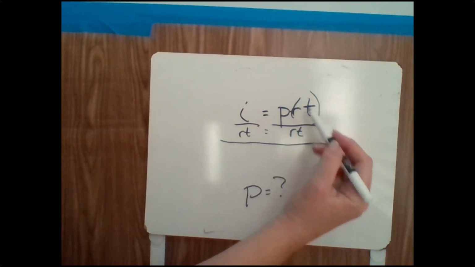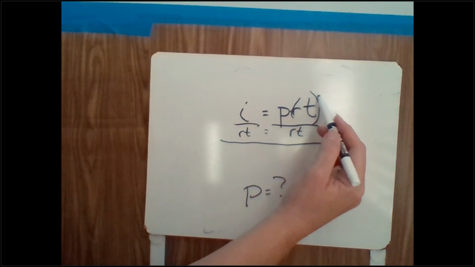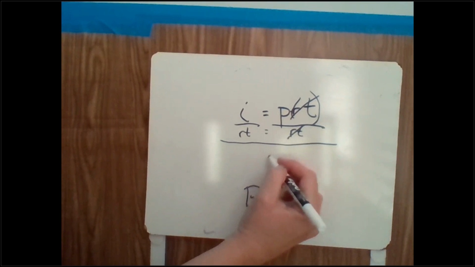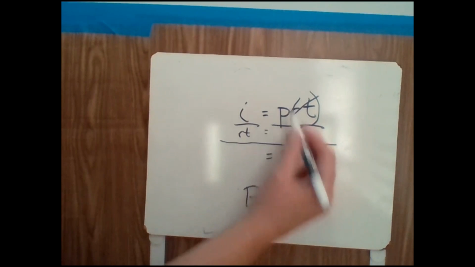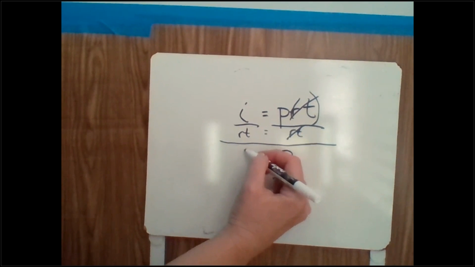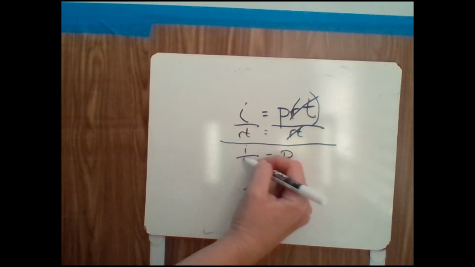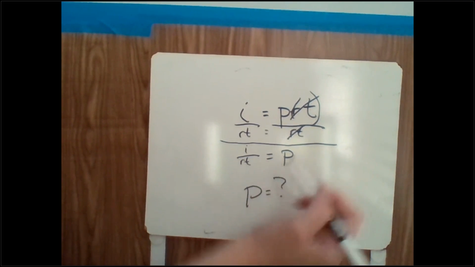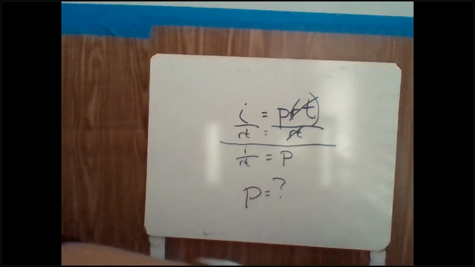Now we rewrite. Rate times time on top cancels with rate times time on the bottom. I'm left with only P, and the formula to get my principal would be interest divided by the product of rate times time.